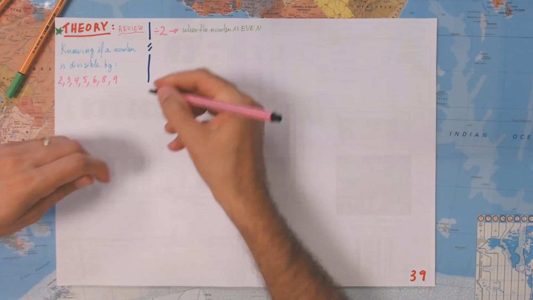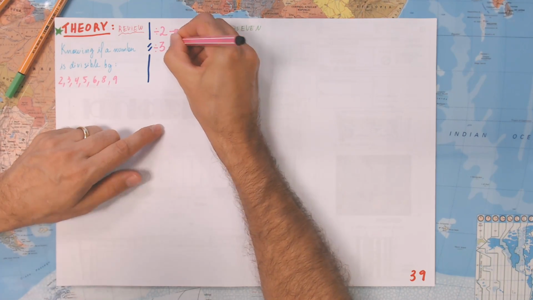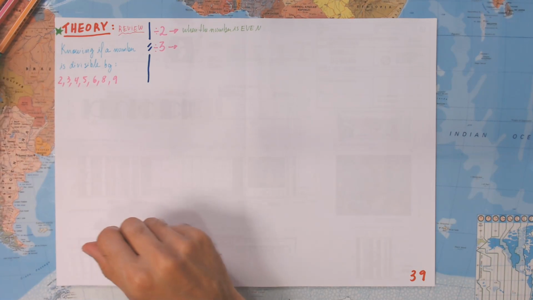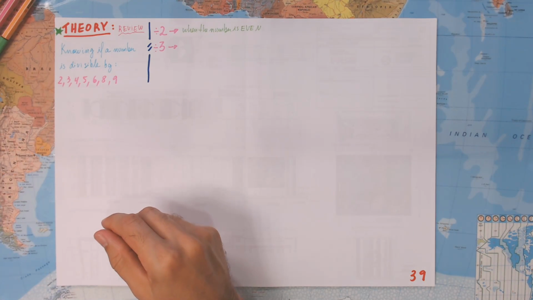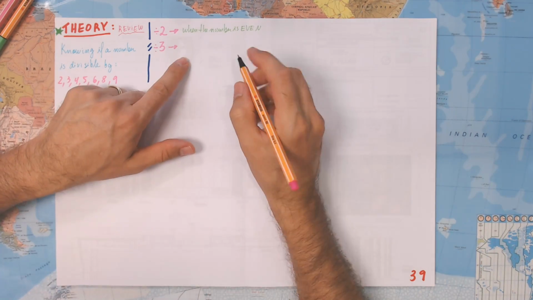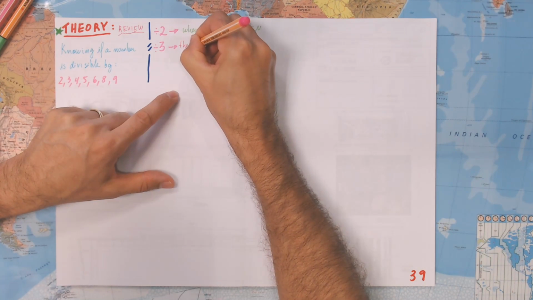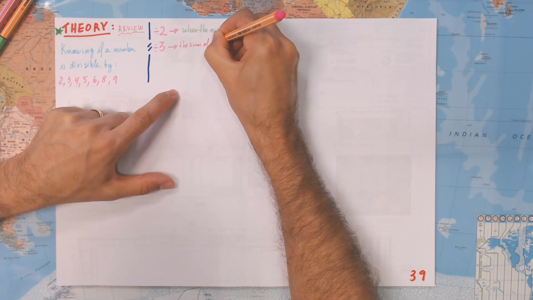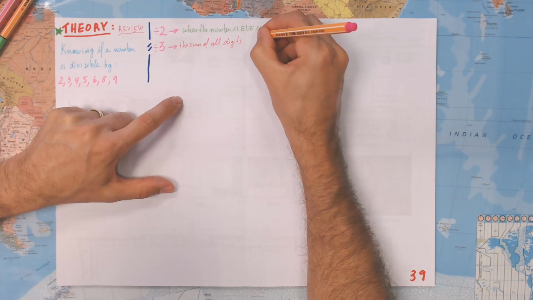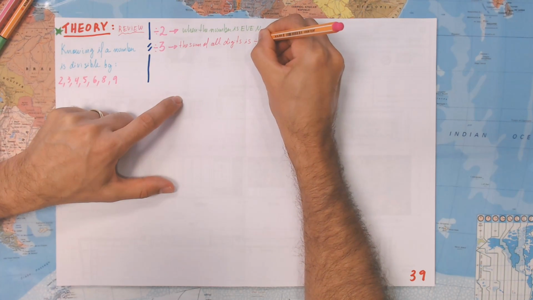Now, when is it divisible by 3? Now it starts to be fun. It's going to be divisible by 3 when the sum of all digits is divisible by 3.